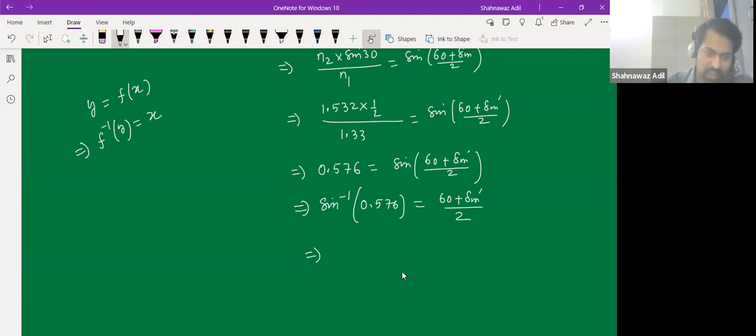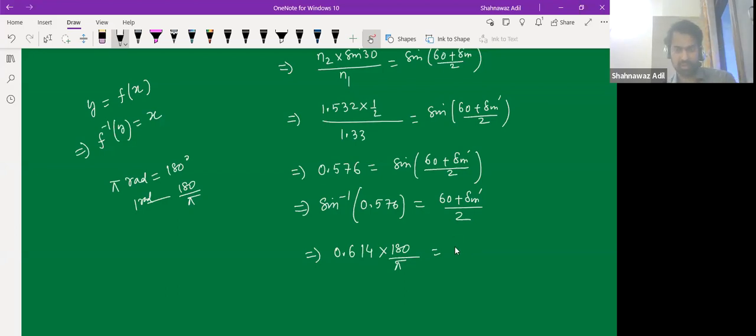This is 0.61 radian. Radian, which is how much? Pi radian is 180 degree, so 1 radian is 180 by pi.